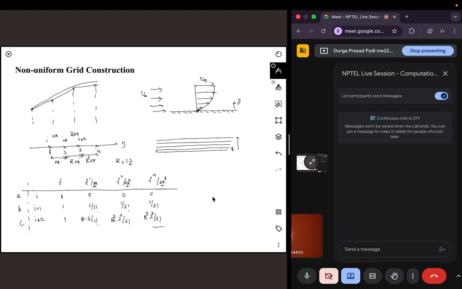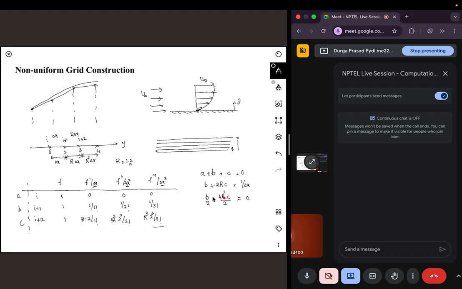If I write the equations here, the first equation is a plus b plus c equals 0. The second one is b plus 2rc equals 1 by delta x, and the third equation is b by 2 plus 4r square c by 2 equals 0.